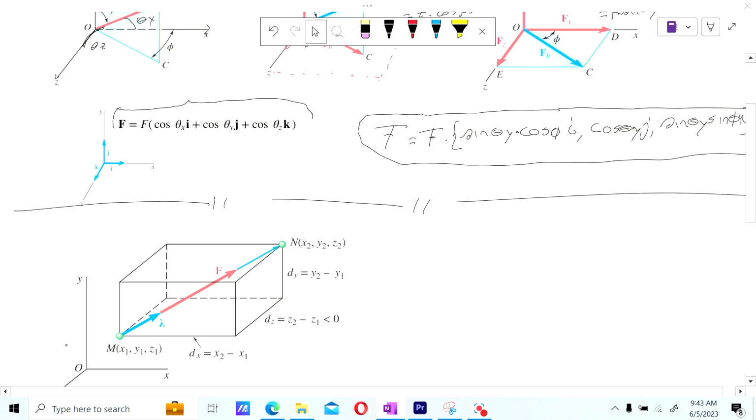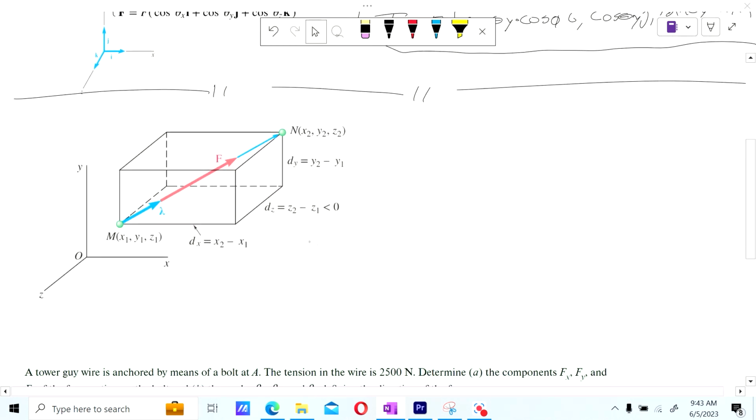We have this vector, this force from a point M, it's not origin, going to a point N, away from origin, and we want to find the coordinates of, or the distance better, the distance of the point M from the point N. So remember, you start from the head, and you go to the tail.